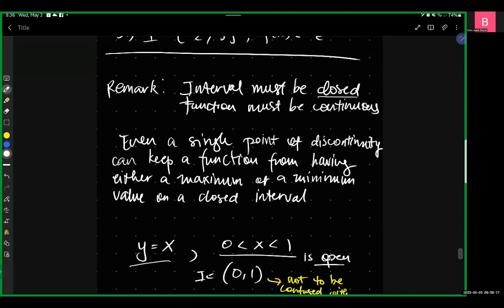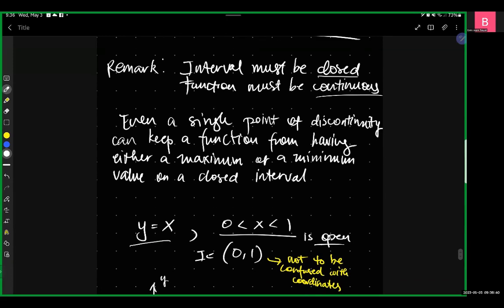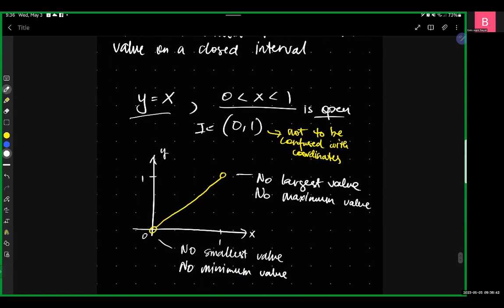So, when it is closed, we can find the Max Min theorem to hold. Maybe. But still, we need to check whether the function is continuous. So, when we find that the interval is closed and the function is continuous, only then can we apply the Max Min theorem. So that's the idea of the Max Min theorem.